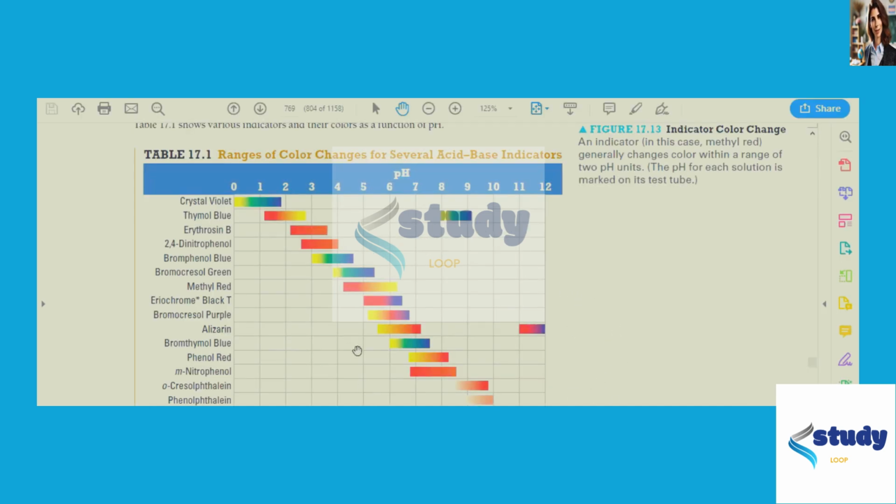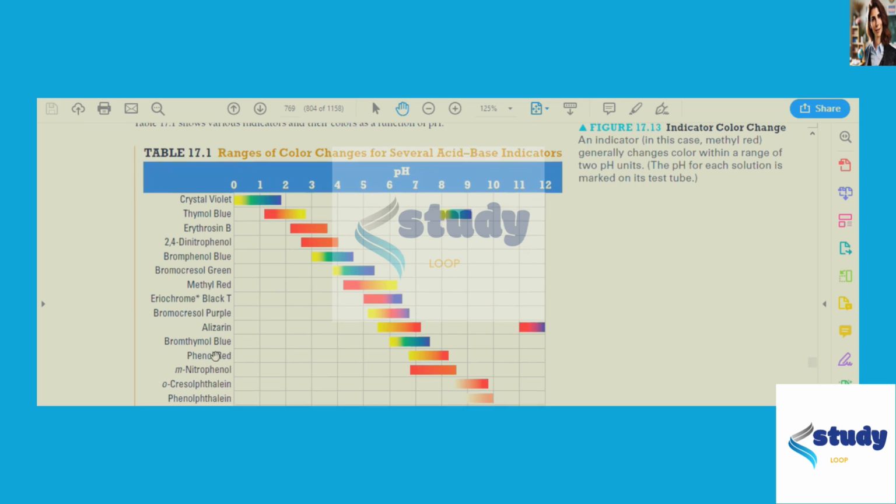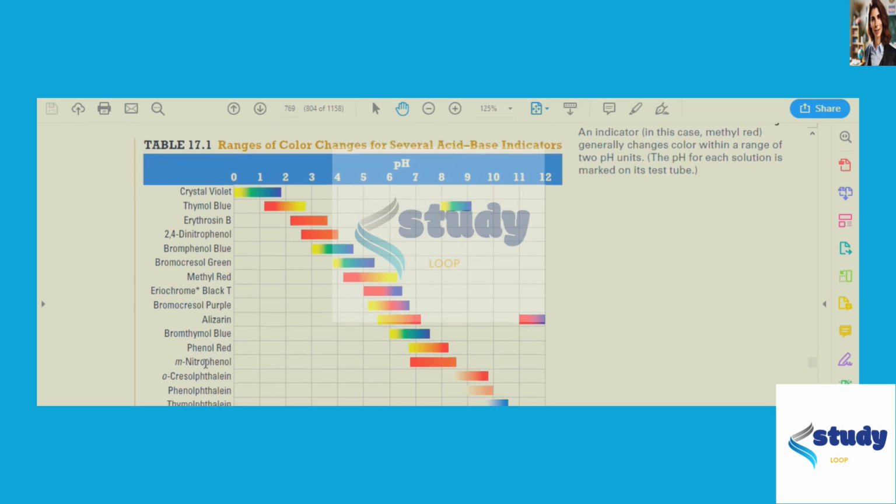From here we can see that the indicators phenol red or m-nitrophenol basically change color at a pH around 8. That means for the titration of HF with a strong base, we'll have to use either of these two indicators.